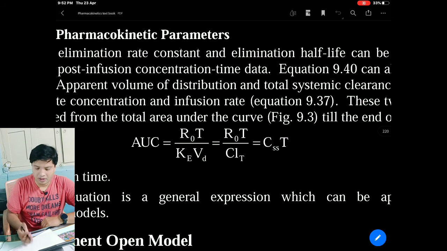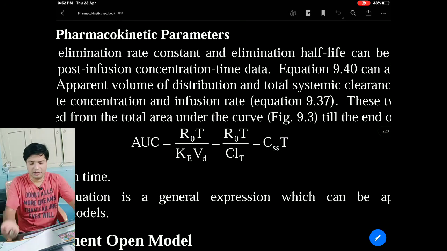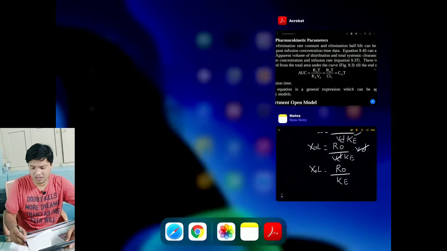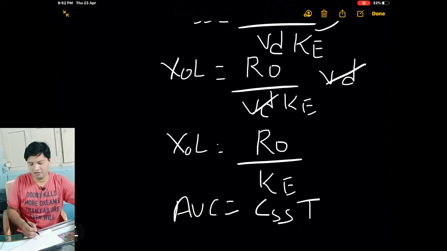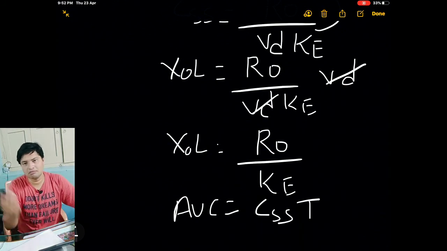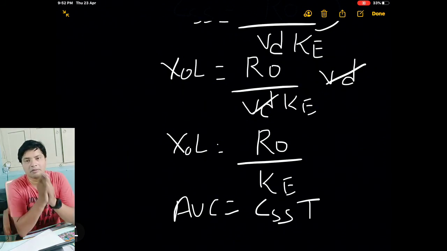Or you can determine any of the values. So AUC is equal to steady state concentration and time of infusion. Just I will write it down here: AUC is equal to steady state concentration and time of infusion. So you can calculate vice versa if you want to calculate this or this. So this is how we determine the kinetic parameters for one compartment open model IV infusion.